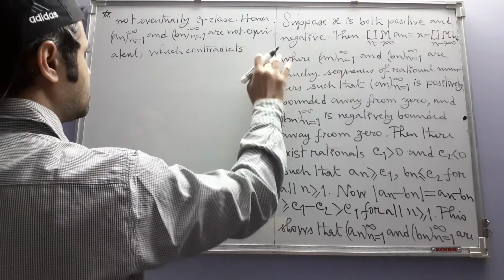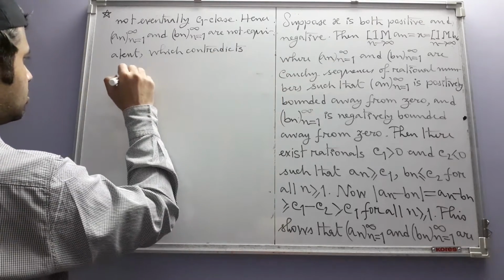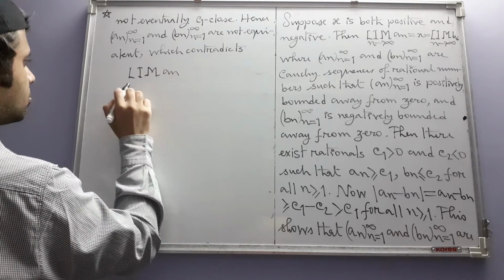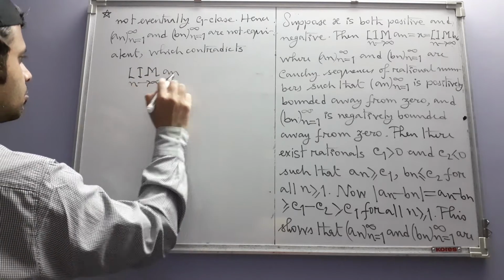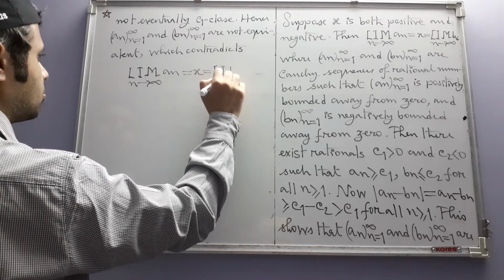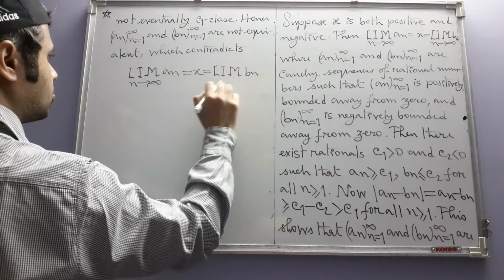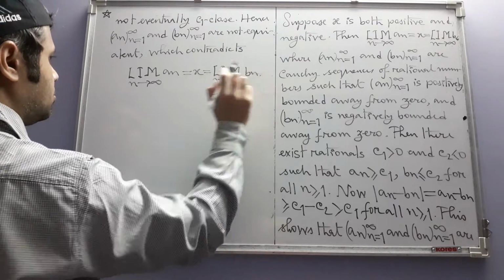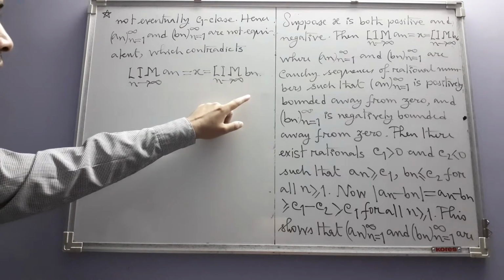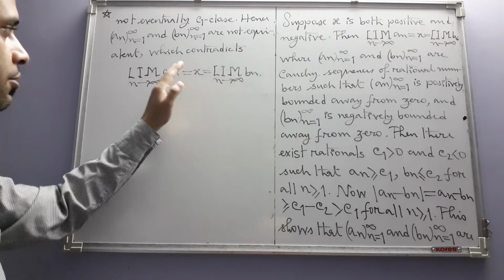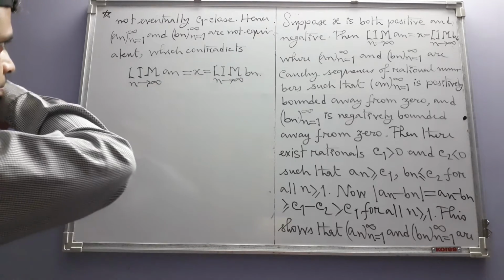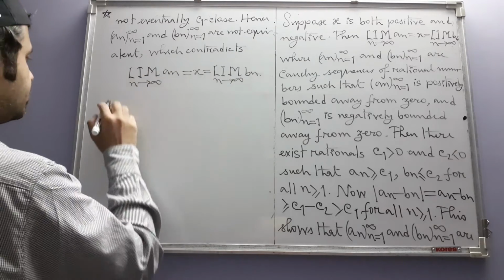Which contradicts these equations. Because the formal limits of two sequences are equal if and only if the sequences are equivalent by definition. So this is contradicted.